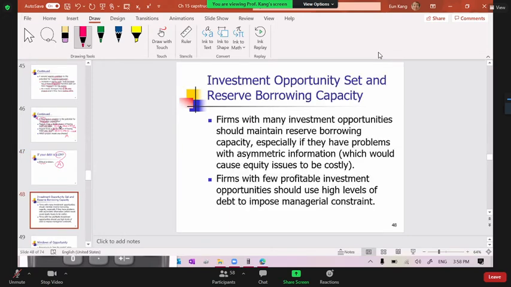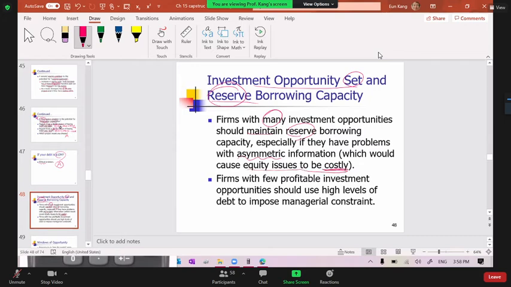And then another issue is investment opportunity set and reserve borrowing. I told you the reserve borrowing capacity or excess borrowing capacity, right? So firms with many investment opportunities should maintain reserve borrowing capacity, especially if they have problems with asymmetric information, which would cause equity issues to be costly.